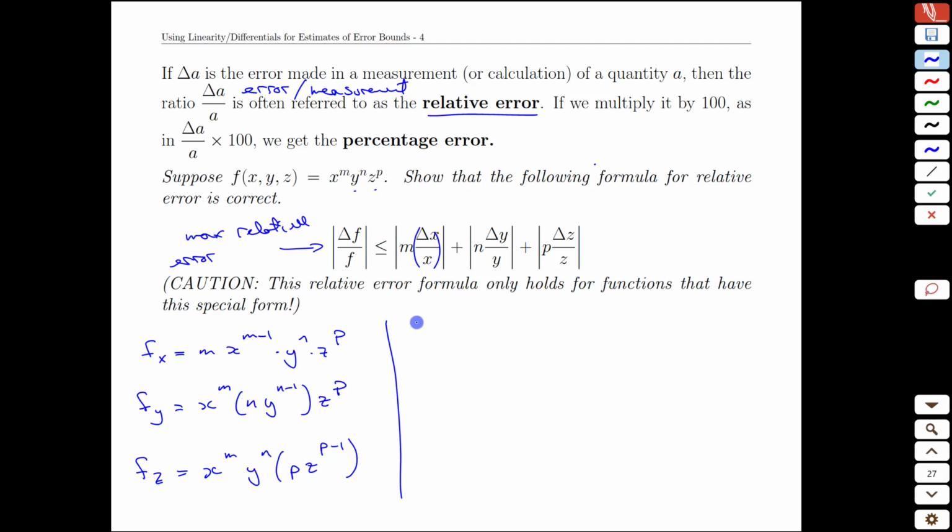What that gives us then is that from our error formula, the maximum error in f is going to be given by, or bounded by, the derivative here, that's fx times delta x, plus the fy times delta y, plus the fz times delta z.